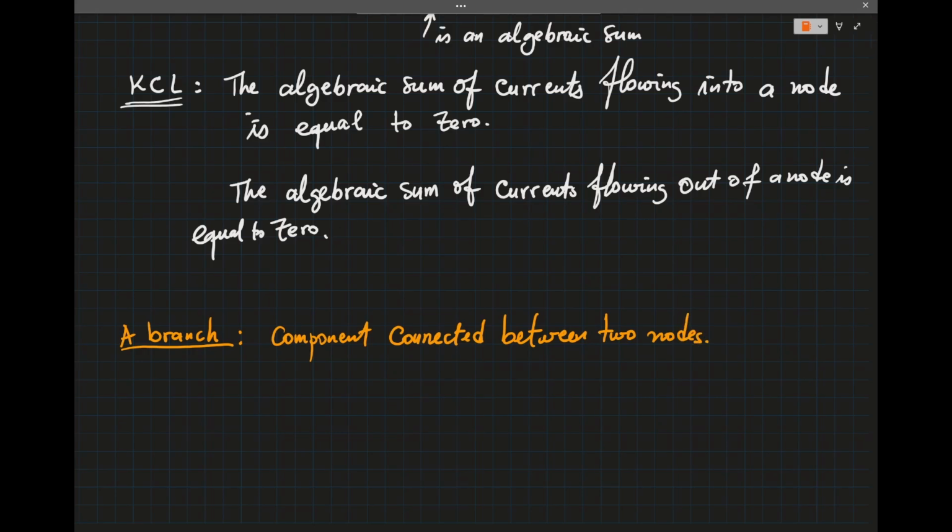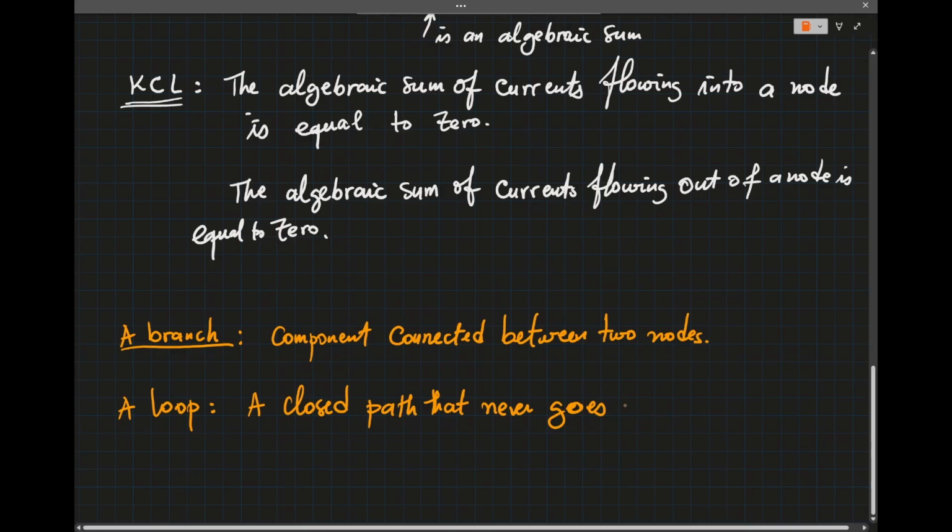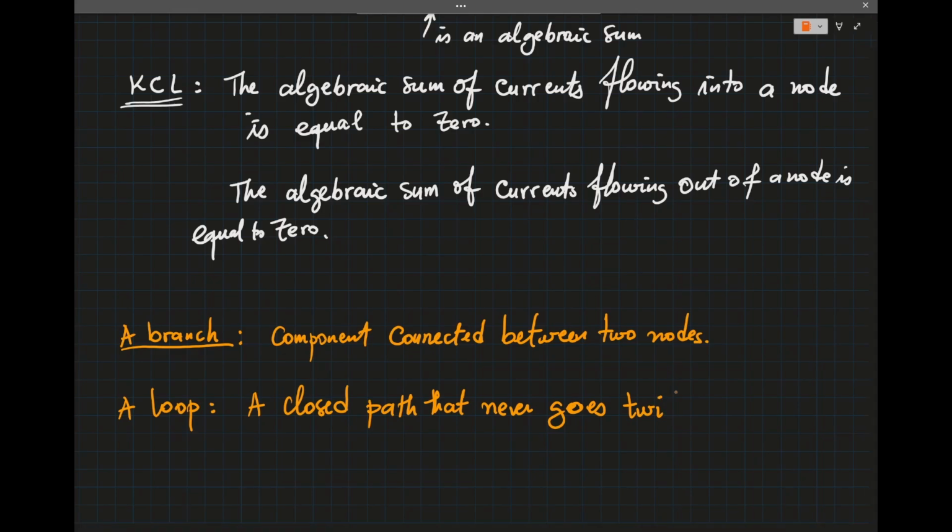Okay, so what is a loop? All right, so let's define a loop. A loop is a closed path that never goes twice. Okay, so that's the key. We are going to use these definitions in a minute, so all this will become crystal clear to you.